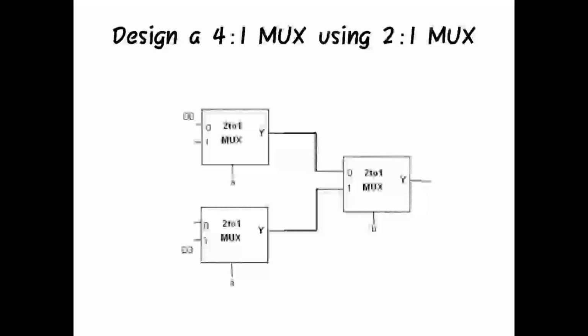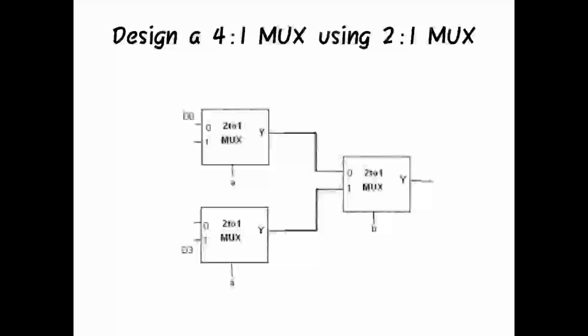The next is nothing but design of a 4:1 multiplexer using 2:1 multiplexers. So we have studied 3 types of multiplexers. One is 2:1 multiplexer, next is 4:1, and next is 8:1 multiplexer. Coming to next, design of a 4:1 multiplexer using 2:1 multiplexers.